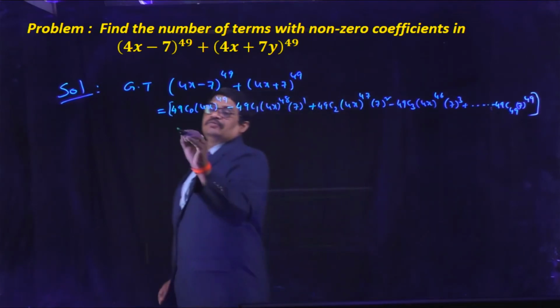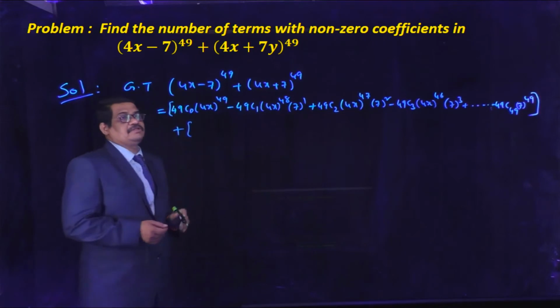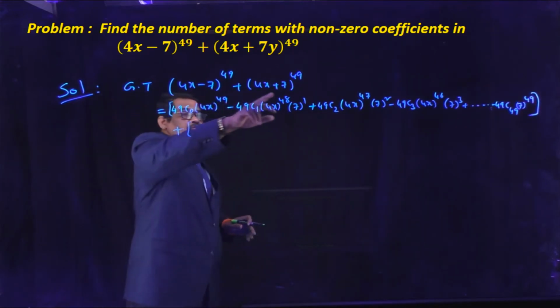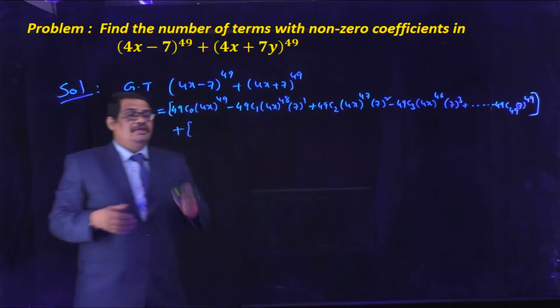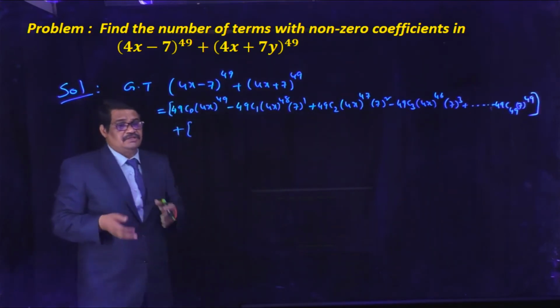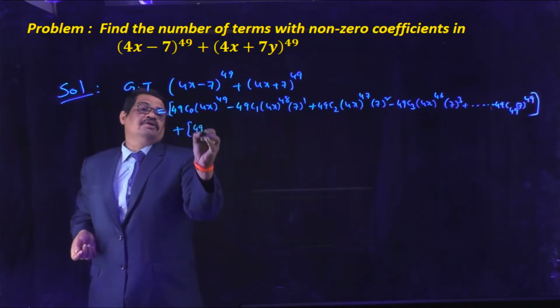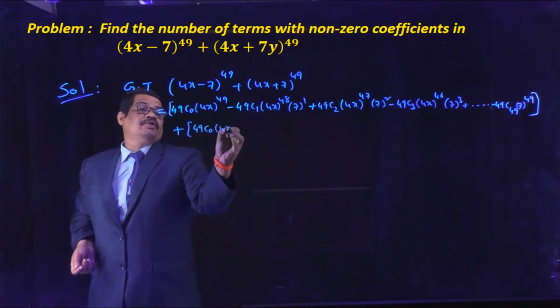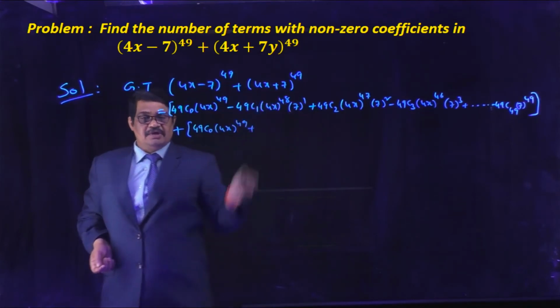Next we are writing, plus, the second term expansion. These two are the same, but here minus, here plus. In this expansion all the values are plus values. The same terms we are writing: 49C0 (4x) whole power 49. Here we are getting plus; all terms are plus terms.